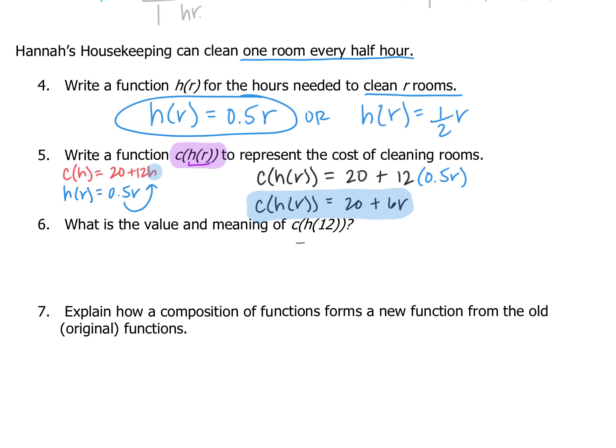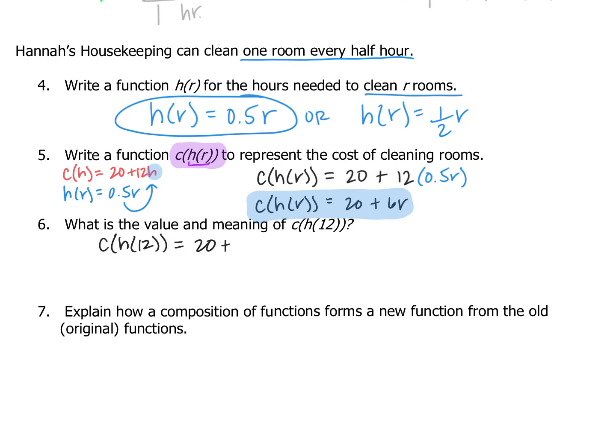So now we're thinking, well, why did we do this in the first place? That's what we're talking about in number 6. It's asking us to take this idea and put 12 in for our variable, which is R in this case, and to verify, okay, what does that mean? What was the purpose of doing that? So let's take that function we just wrote and now put in 12.